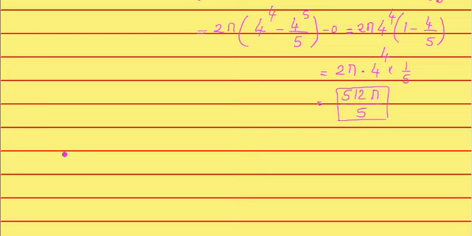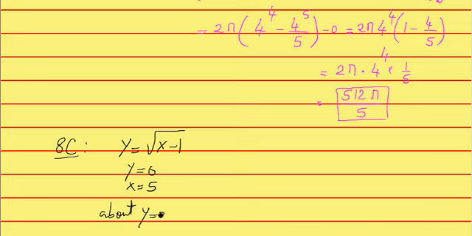We go to the next problem, 8c. Our region is defined by y equal to the square root of x minus 1, y equal to 0, x equal to 5, and we are going to turn about y equal to 3. Let's see what's the deal here. y equal to the square root of x minus 1.